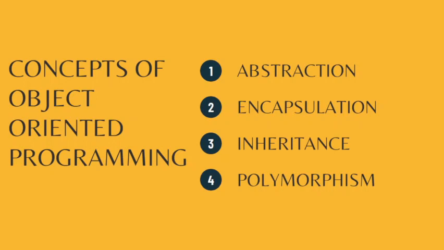Now let's look at inheritance. Inheritance is simply the one that we know about, inheriting from what? Parent. So that is the same thing here. It prevents repetition of code. So it encourages code reusability.